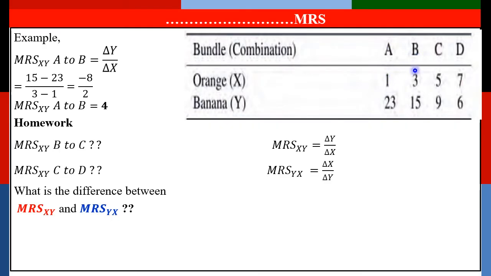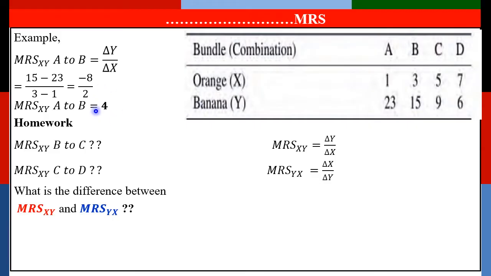Then at B, this 3 becomes x2, 23 becomes y1, and 15 becomes y2. Therefore y2 means 15 minus 23, over x2, which is 3, minus 1. That is equal to negative 8 over 2, so it is equal to negative 4.